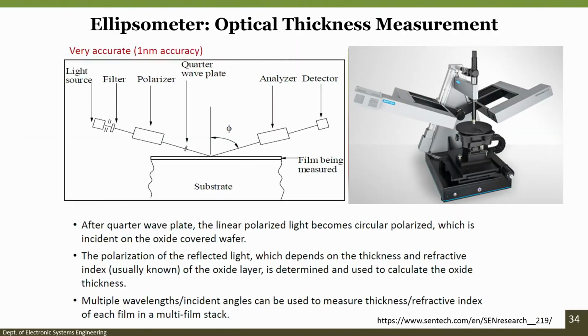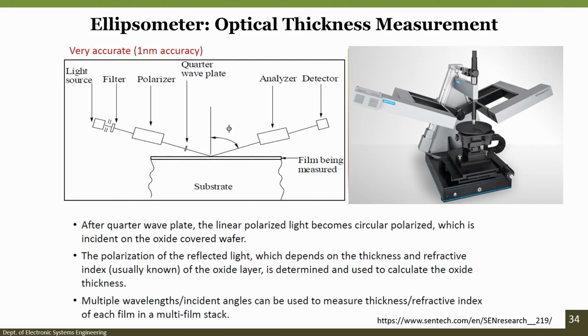And if we talk about ellipsometry, then you can see here that it will help to understand the thickness of the film without destructing the film, because it is based on the reflection of the light source from the substrate onto the detector, right, and there are several stages inside the ellipsometer, right from filter to polarizer to quarter wave plate, analyzer and detector.